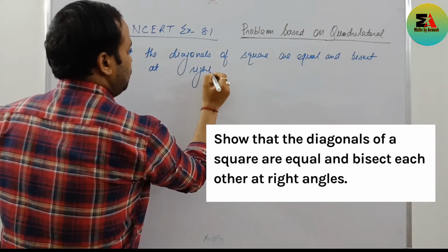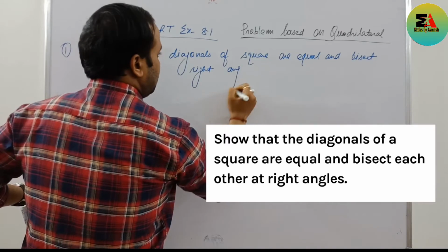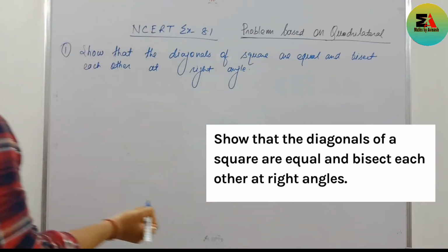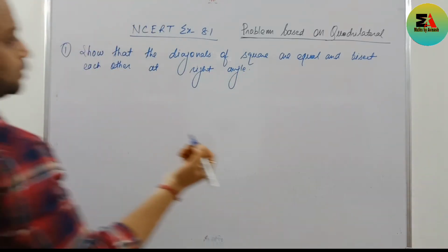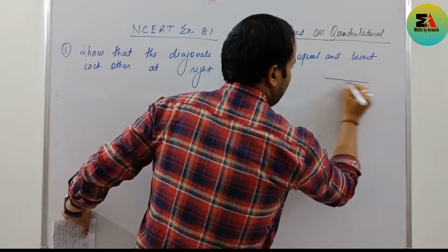This is one of the most important questions. At right angle. What does the question say? We have a square. Draw the figure.